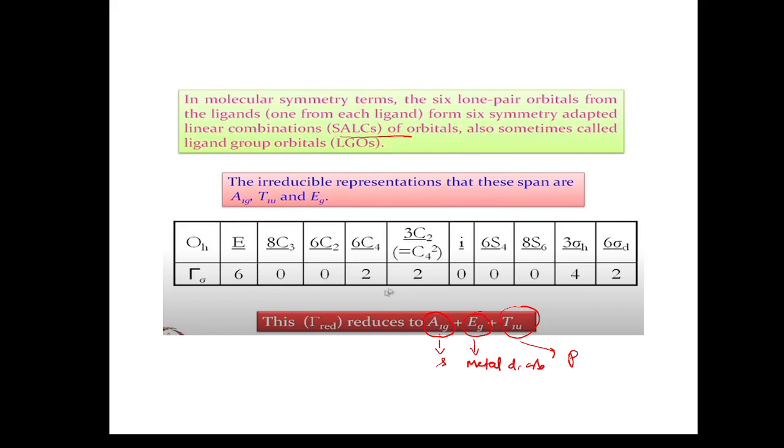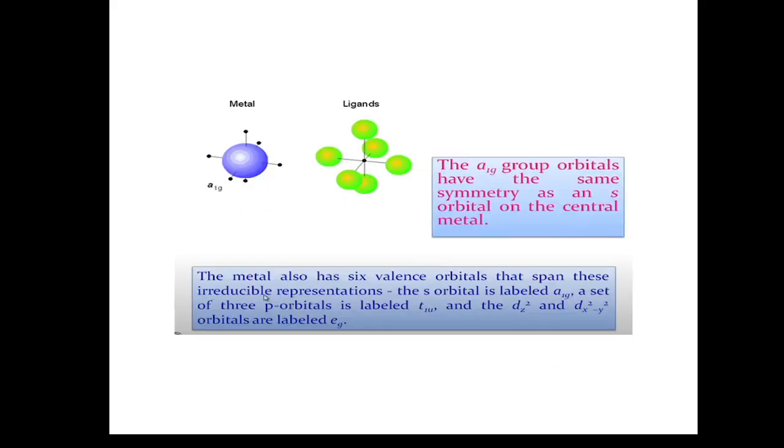So if we see, six ligands are approaching in an octahedral arrangement. Their symmetry adapted linear combinations, if we solve them, give the terms A1G, EG, and T1U. Now we have to find out the ones on the metal.